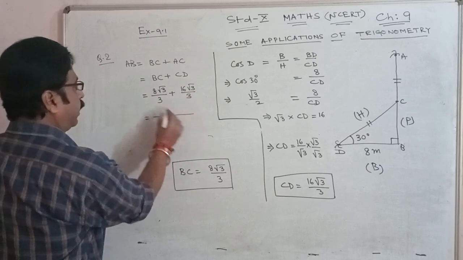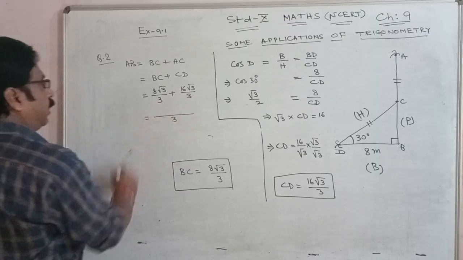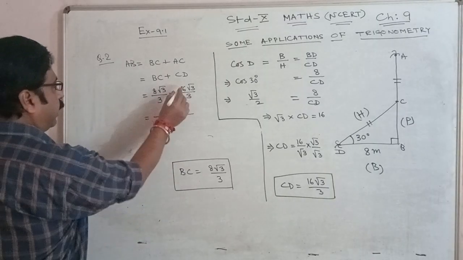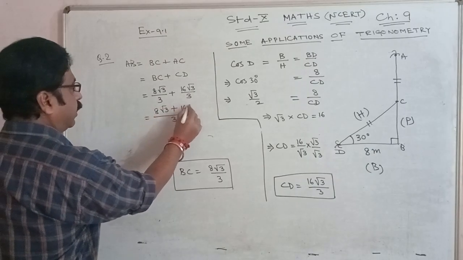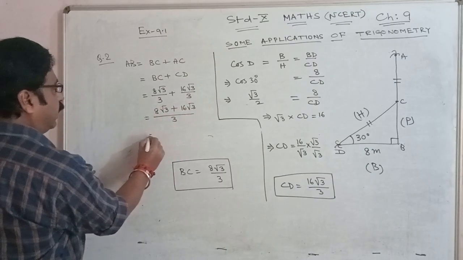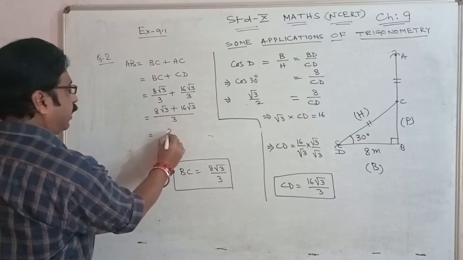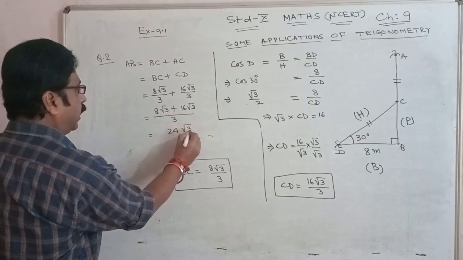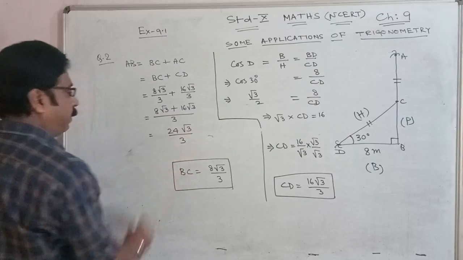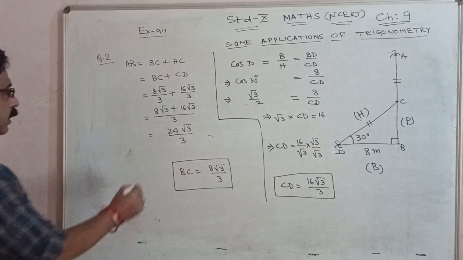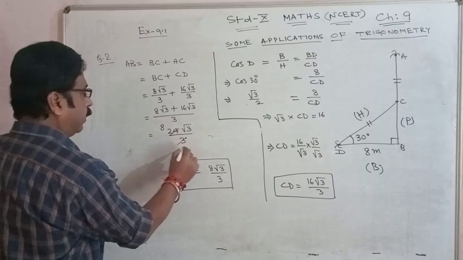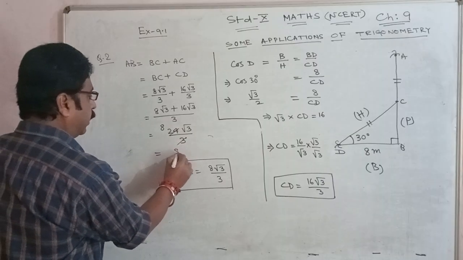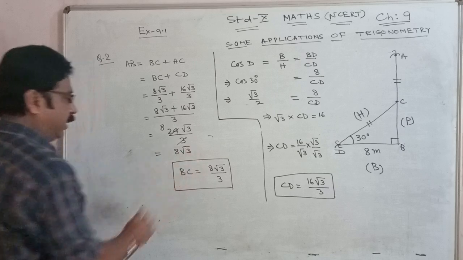If we add, LCM will be 3 and it will be 8 root 3 plus 16 root 3, means 8 plus 16 is 24 root 3 upon 3. If we cut 3, 3 eights are 24, it will be 8 root 3.